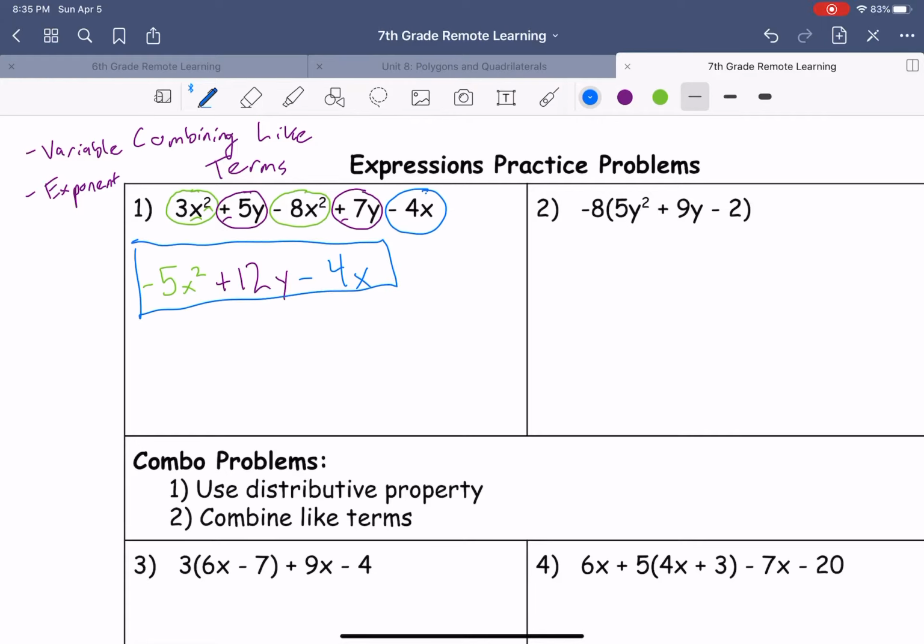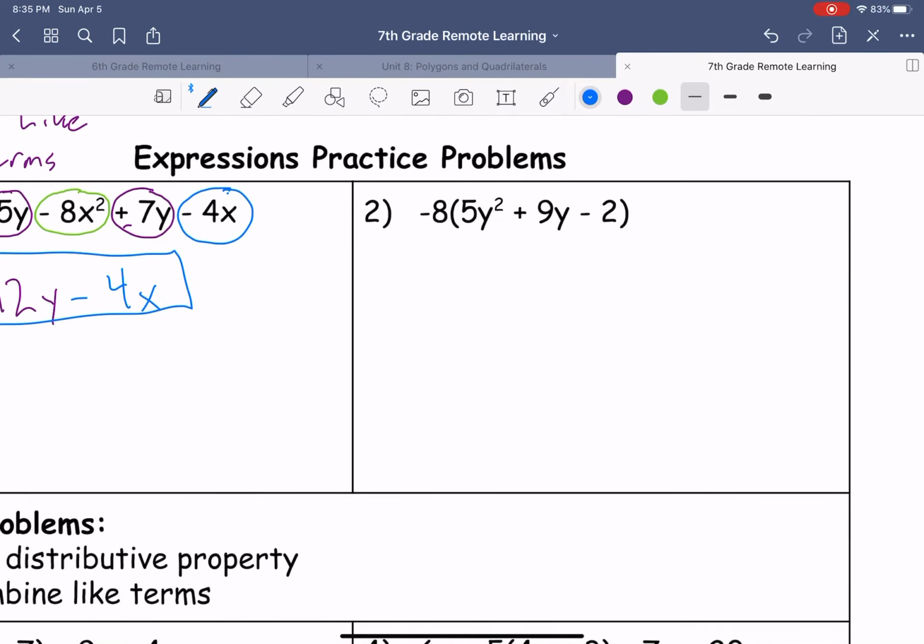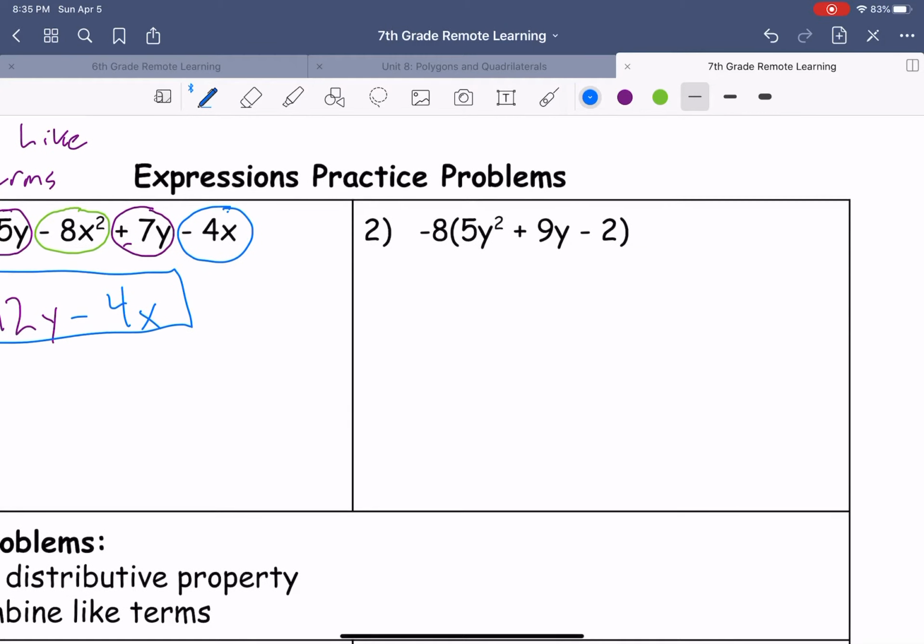Okay, and let's look at our next problem, number 2. Now we see that we do have distributive property because we have these parentheses. All right, and so we know with distributive property, we're going to take this negative 8 and multiply it by everything inside.